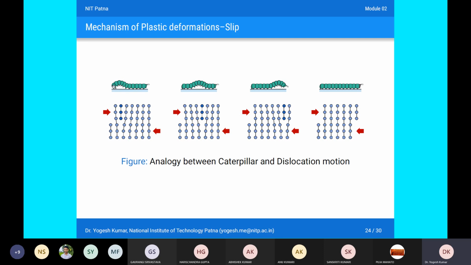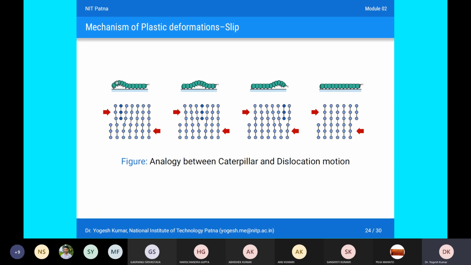Here I have taken one figure which represents a caterpillar that appears during the rainy season, and they try to move something like this. They create a hump in their backside, and this hump moves from tail to head side.